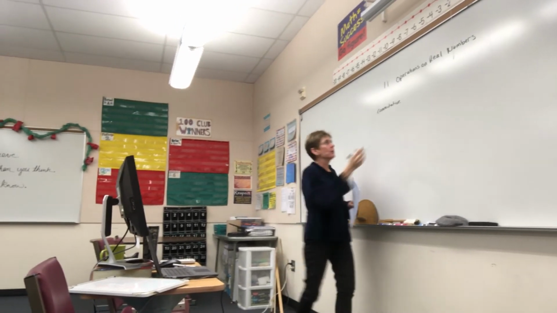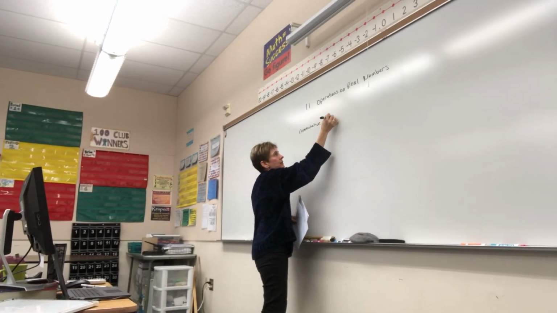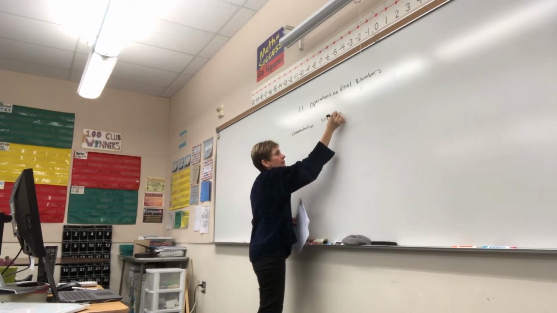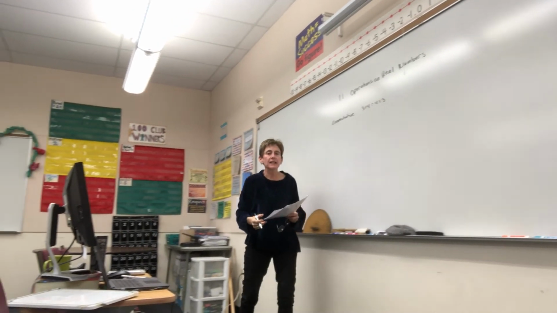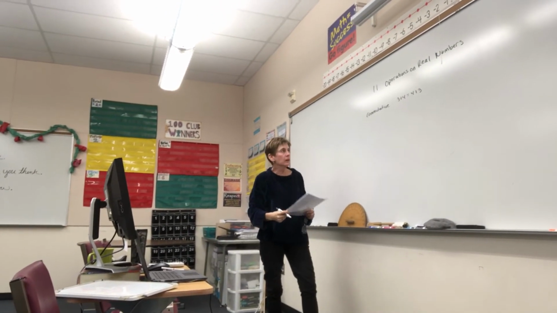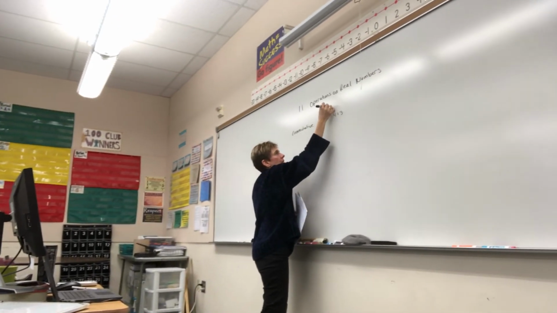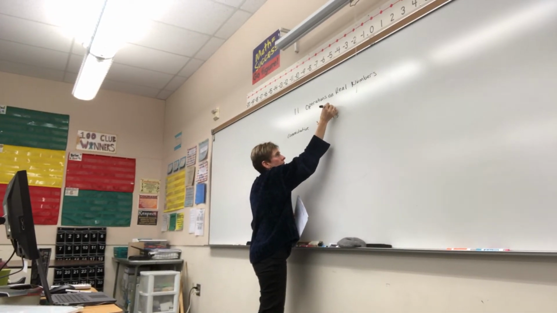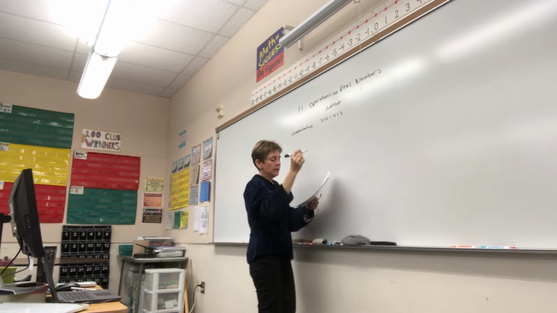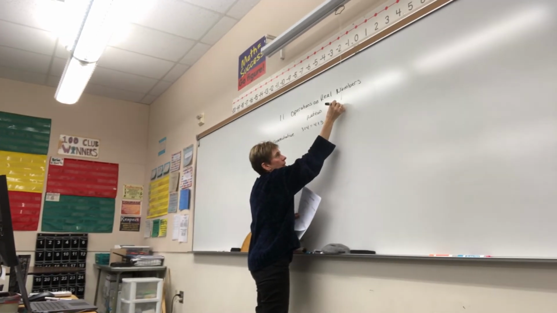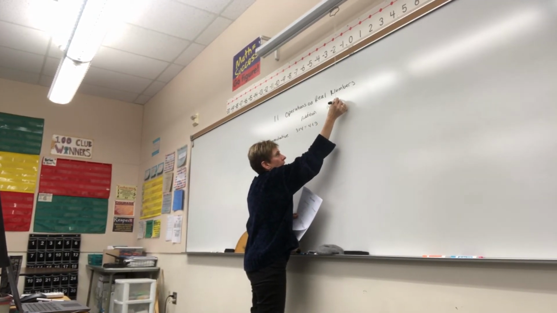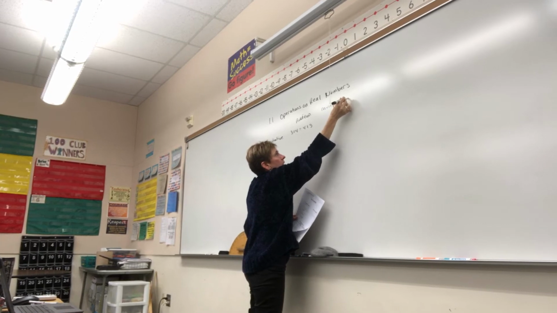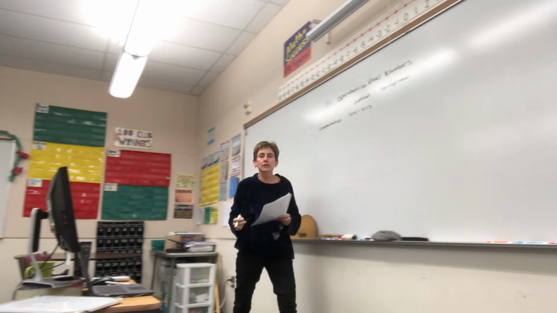So for example, I'm going to put 2 examples of each. 3 plus 4 is the same thing as 4 plus 3. With all of these properties, we're going to talk about them in the context of addition and multiplication. These properties are not typically going to be true with subtraction or division.